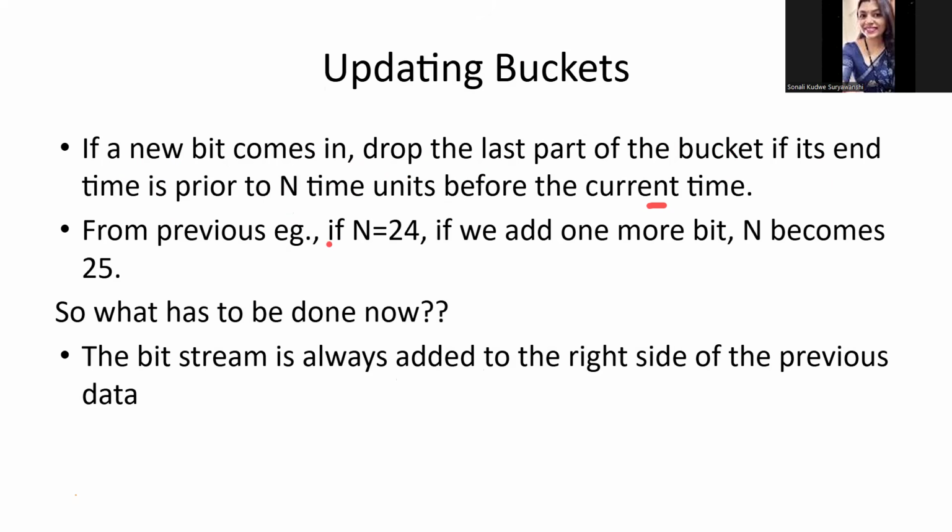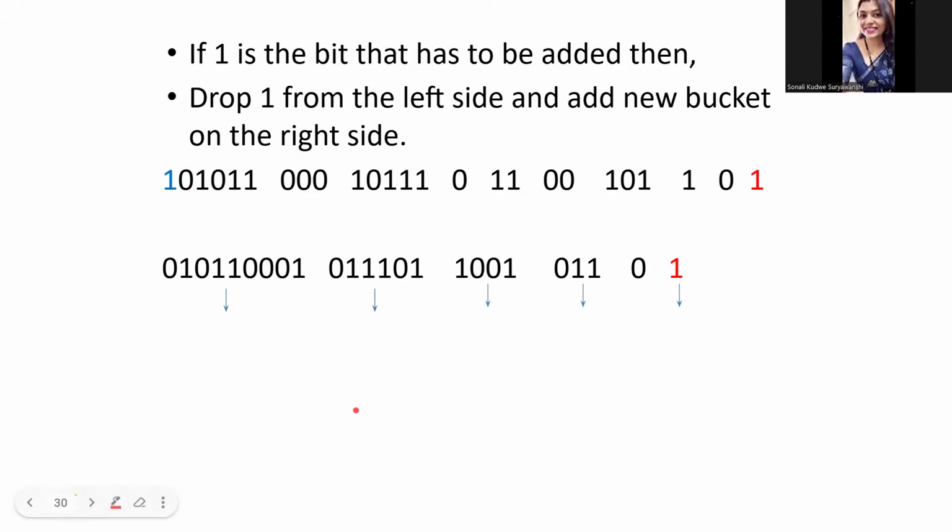For example, here, let's say n is 24, but if we add one more bit to the right side, n will become 25. Now, what do we do with that extra bit, right? So the bit stream is always added to the right side of the previous data, and therefore the left side will be discarded. So here, if we add one to the right side, we can clearly see that this one can be taken out, because if our window is of 24 bits, then at a time only 24 bits can reside in the window.